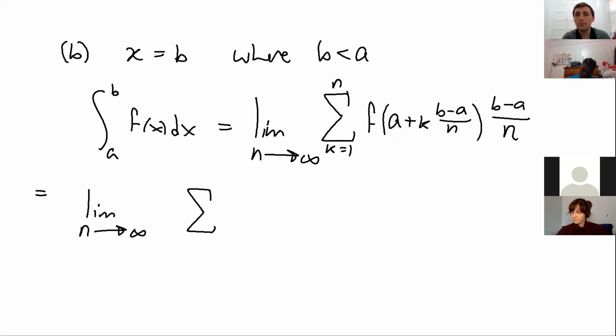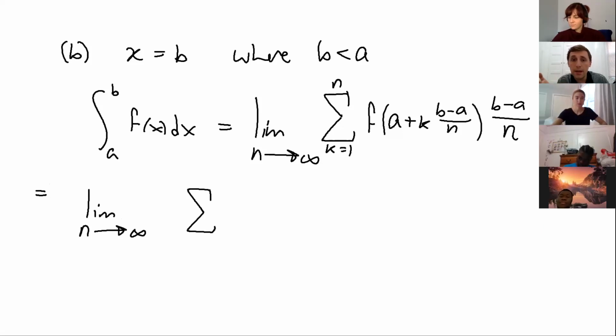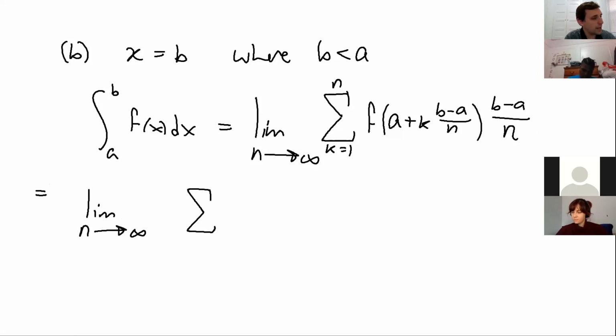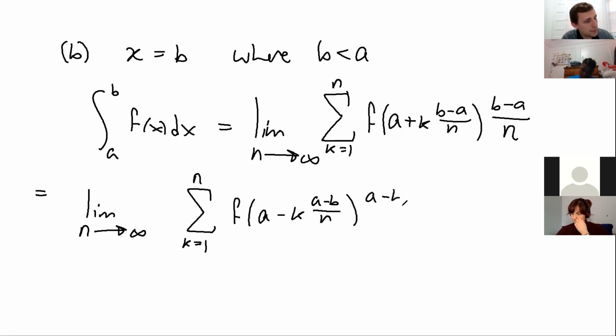Because b is smaller than a, b minus a is a negative number. So we have the sum from k equal 1 to n of f of a minus k times (a minus b) divided by n, times (a minus b) divided by n, and I can put the minus in front.